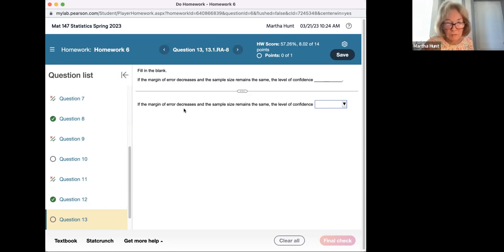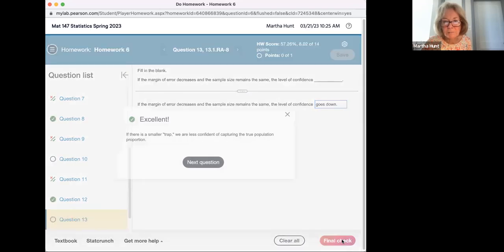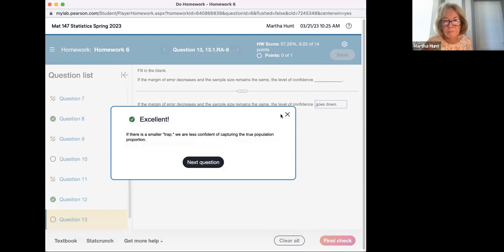So if the margin of error gets smaller, what's going to happen? The level of confidence is going to go down. Cool.